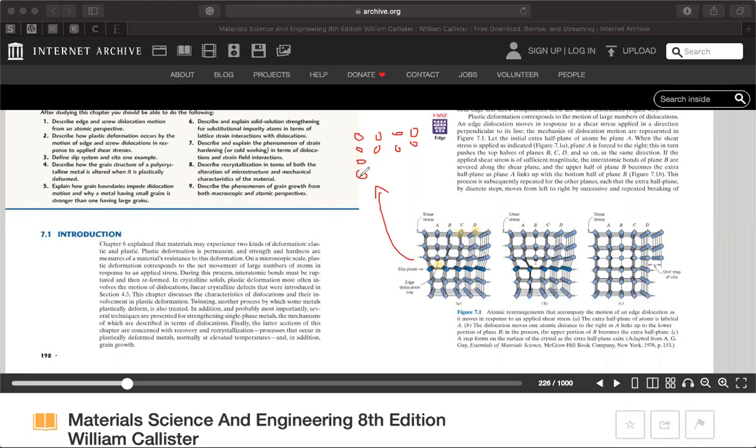So what's going to happen if you shift those atoms or push those atoms from their original position? What do you think is going to happen to the energy of the material? It will increase. Wonderful. Because if you remember, we said earlier that if you push the atoms away from each other, you're increasing the energy of the system.